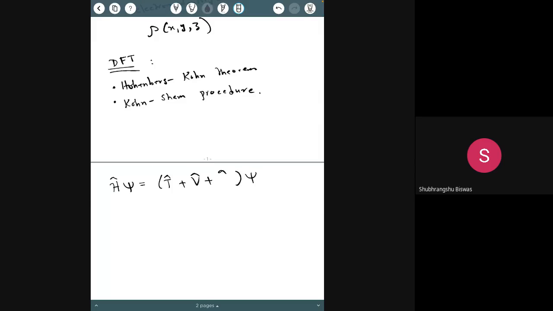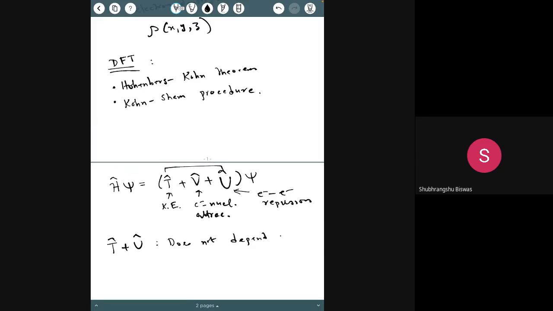I can write my Hamiltonian as a sum of three terms: the kinetic energy of all the electrons, T, the electron-nuclear attraction, and the electron-electron repulsion, U. T and U are universal in the sense that they do not depend upon the system, the molecule or the atom you're talking about.